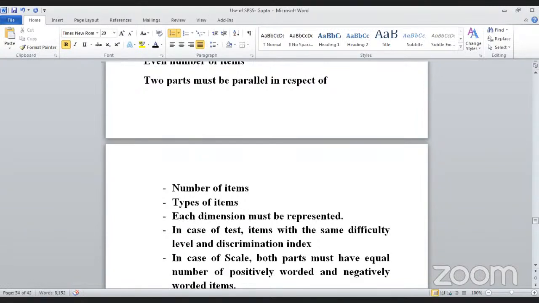Now, why is it called odd even? Because your first item is odd. Your second item is even. So 1, 3, 5, 7, etc. These are odd items. 2, 4, 6, 8 will be the even items.